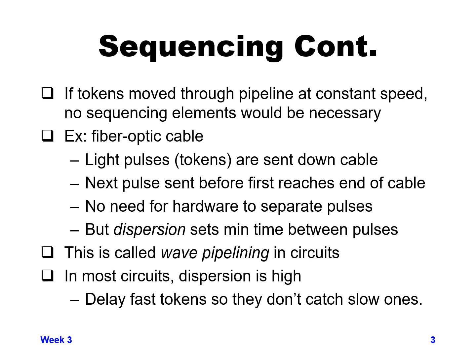You don't necessarily need to have hardware to separate your pulses. You can just send them down and the receiver can receive them, and your pulses aren't going to catch each other and interfere with each other.